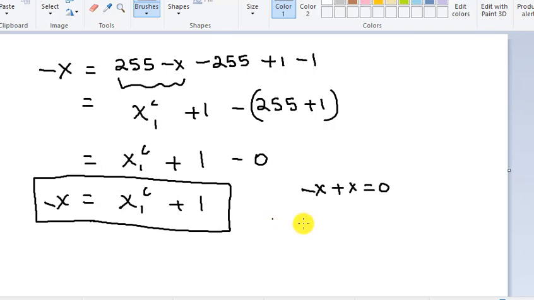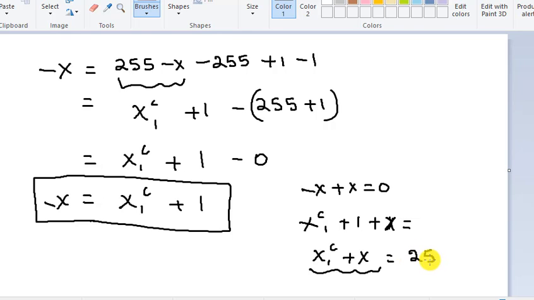So just add x to it. 1's complement plus 1 plus x, right? Why is this 0? 1's complement plus x in 8-bit is 255, right? 255 plus 1, if you add, it will be 0. That's what you got. So there's a lot of proof for all these things, okay?